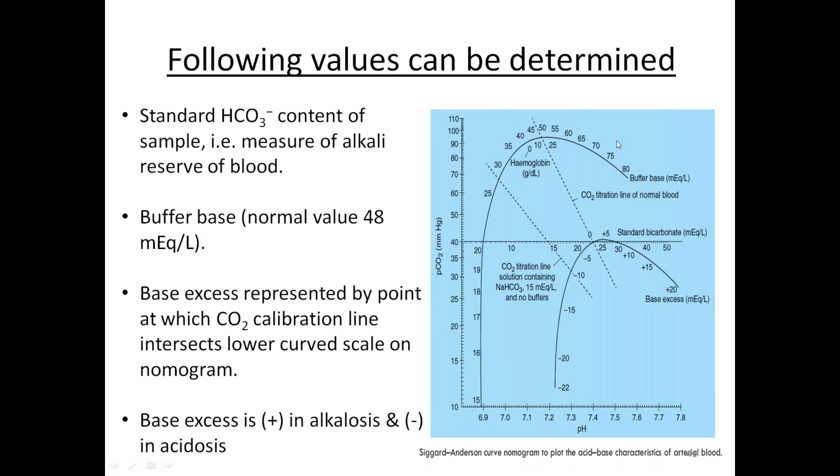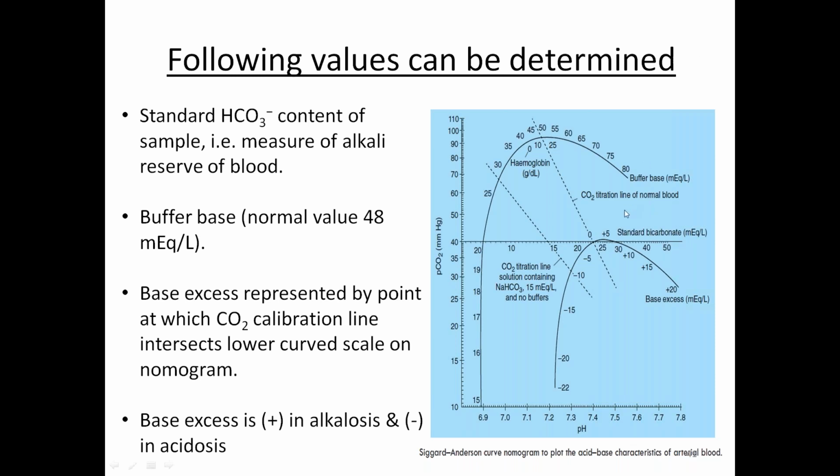And this buffer base is actually what? It is the total number of buffer anions that can accept hydrogen ions in blood. So in an individual with 15 gram hemoglobin, the normal value will be 48 milliequivalents per liter.